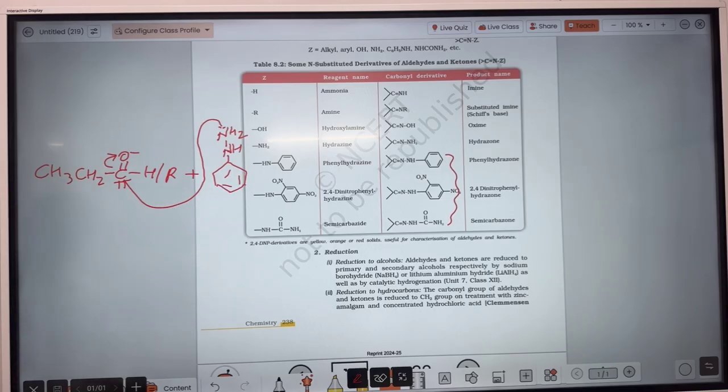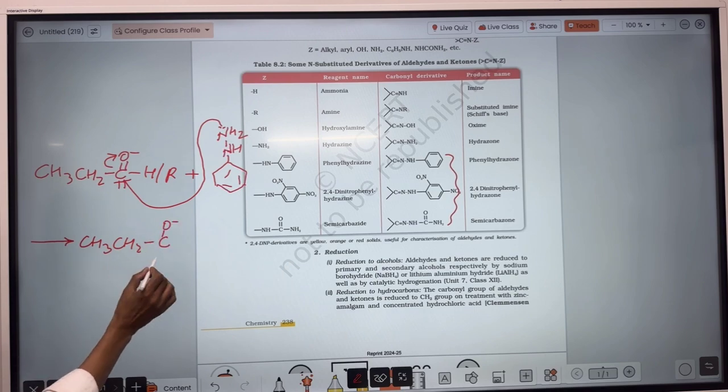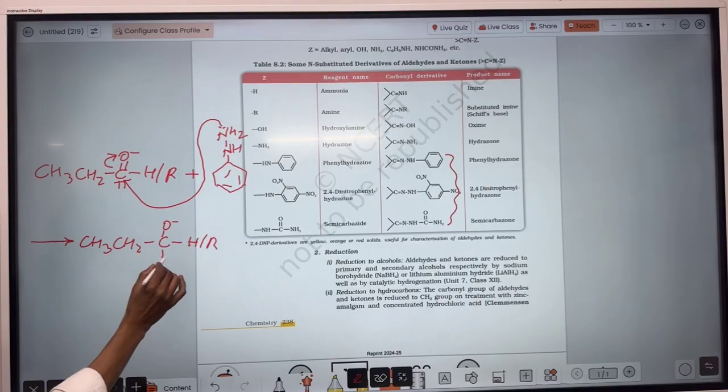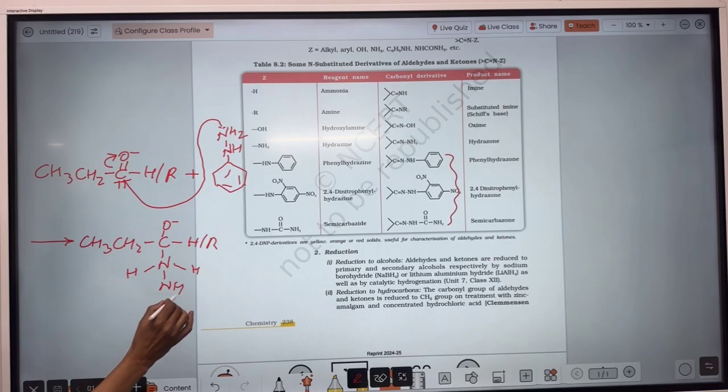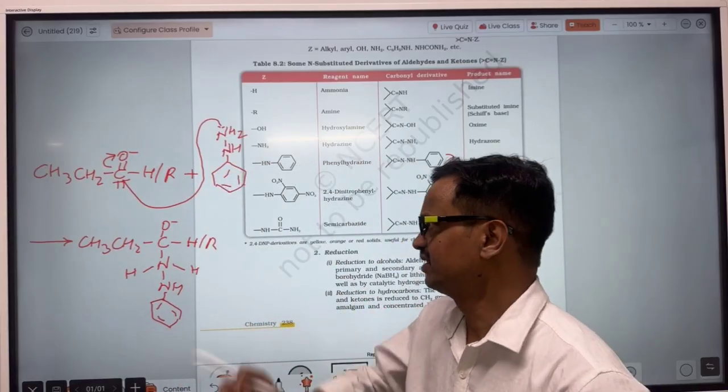Along with that, all of them will come. So the structure will be this.